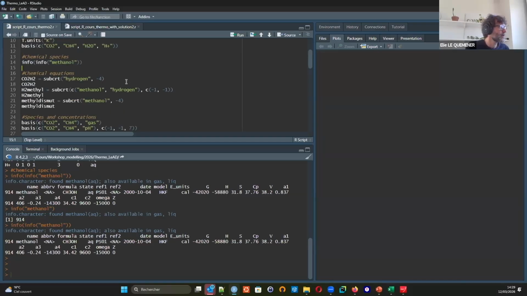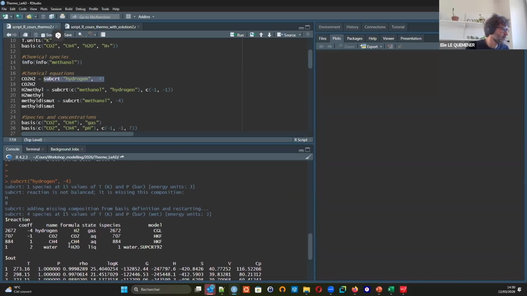And then, if I want to look at a reaction, for example, I do this. So sub-CRT is a way to define a reaction.